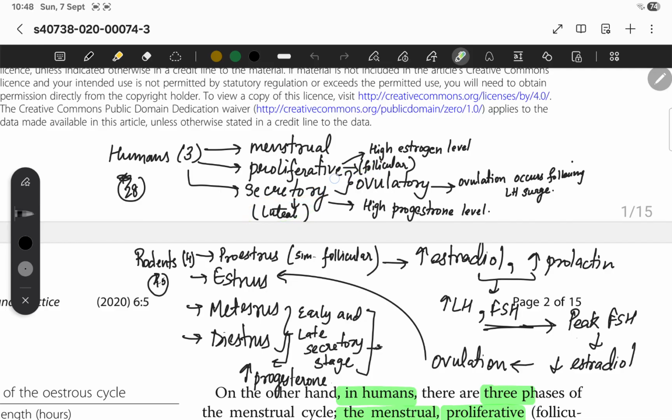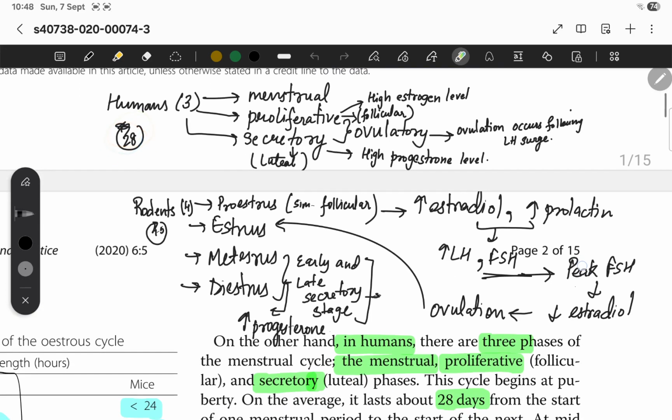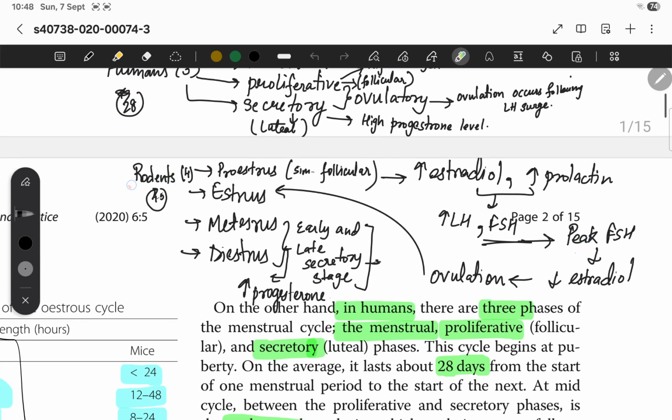In the proliferative phase, high estrogen levels are seen, and in the secretory phase, high progesterone levels are seen. Here ovulation occurs following the LH surge. This is a cycle of 28 days. Now in rodents, it is a cycle of 4 to 5 days.